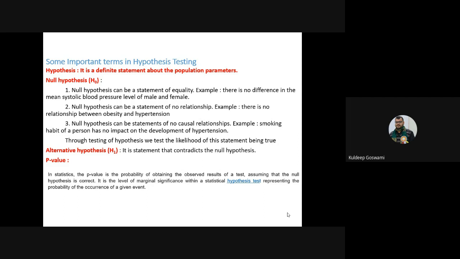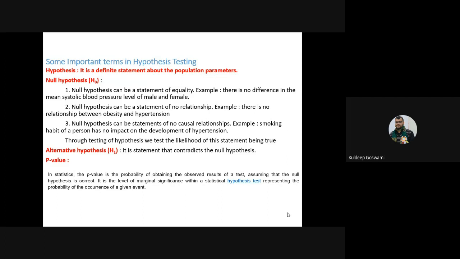But the alternative hypothesis is what? It is completely different from null hypothesis. So we generally say it is the opposite of the null hypothesis. For example, in the first example, we have seen that the null hypothesis is there is no difference in the mean systolic blood pressure level of male and female.